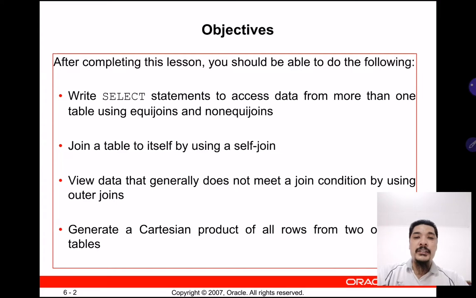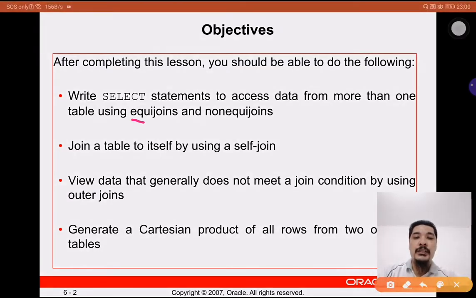So the objectives for this lesson. Number 1, you write a select statement to access data from more than one table using equijoins and also non-equijoins. I will explain later. Maybe for part 1, I will cover only this objective.